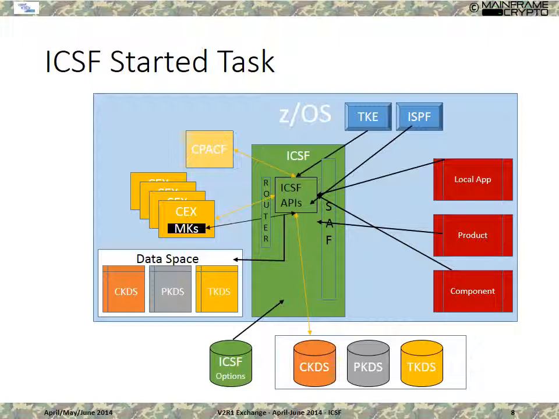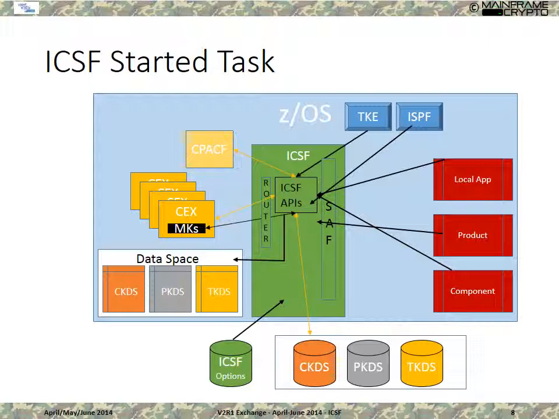Finally, up in the upper right, again, there are ISPF panels that are provided for managing the crypto environment within ICSF. There's also support for the Trusted Key Entry workstation. So the TKE can talk directly to ICSF and push data directly to ICSF and the Crypto Express cards. So ICSF is that component of z/OS that provides the interface to the crypto hardware.